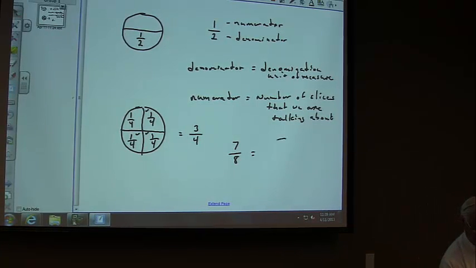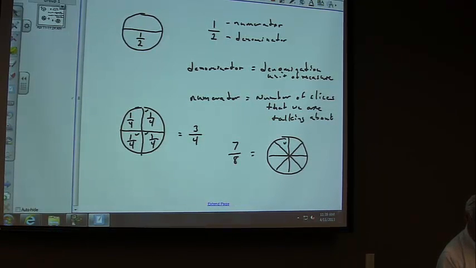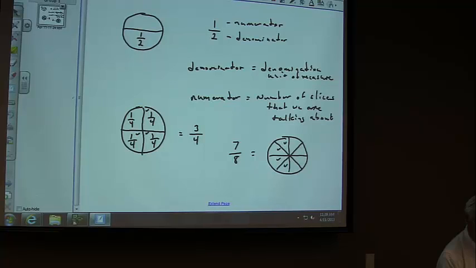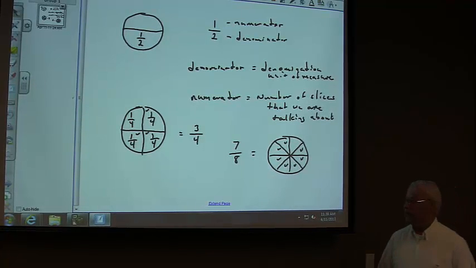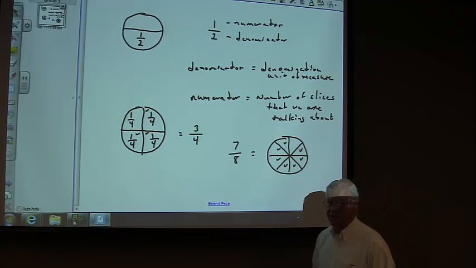Well, if I picture the pie in my mind, I'll cut it into fourths, and then I'll cut those in half again, and now I have 8, and 7 of those, 1, 2, 3, 4, 5, 6, 7. That would be 7/8 of the pie.